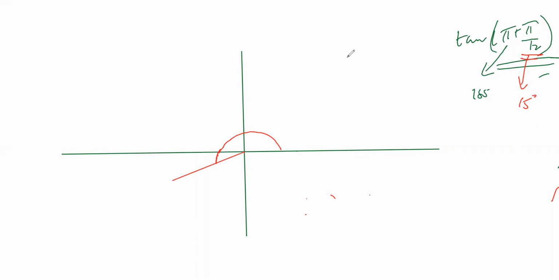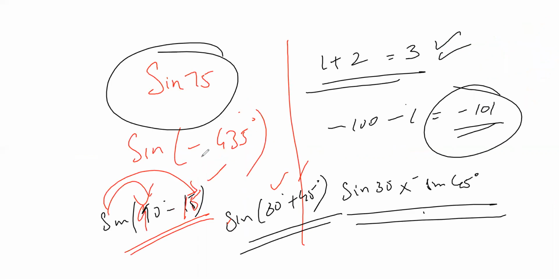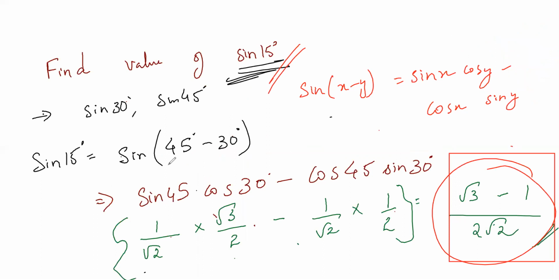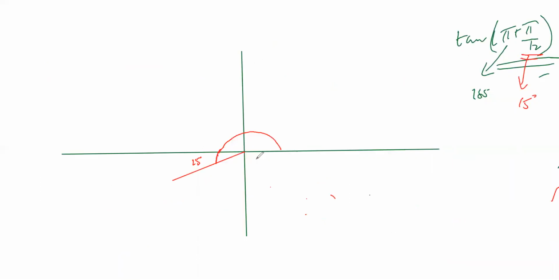In the previous problem, for the 15 degree, I did 45 minus 30. So here it is tan 15 degree. Tan 15 degree, so what will I do here? Tan of 45 minus 30.